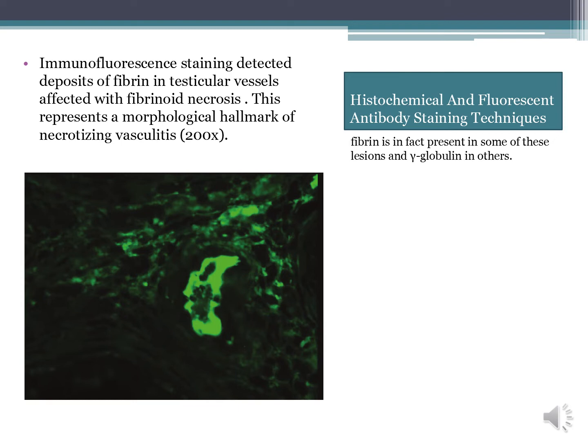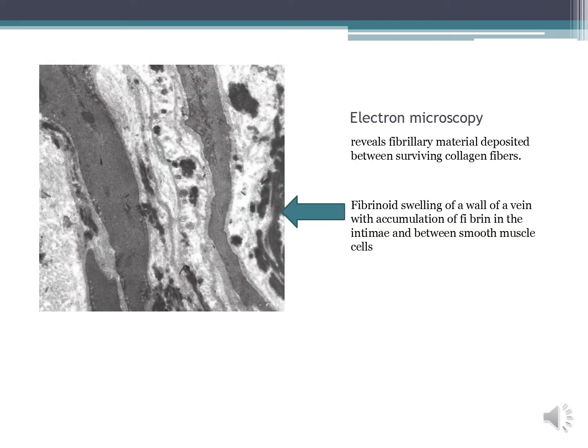So please remember that histochemical and fluorescent antibody staining techniques are very important to detect the presence of fibrin, gamma globulin within such lesions.